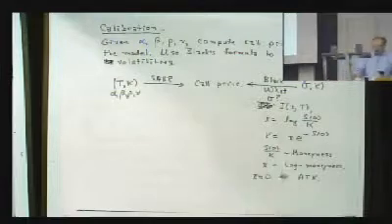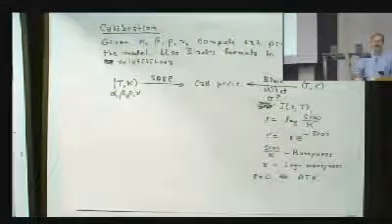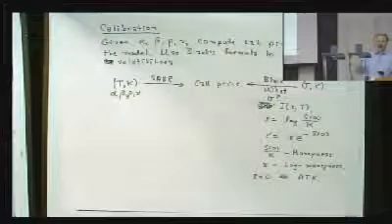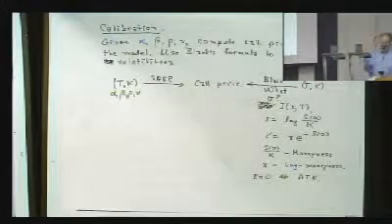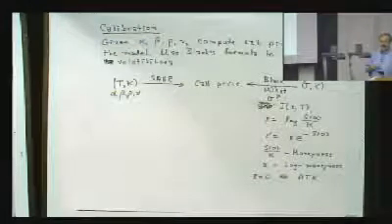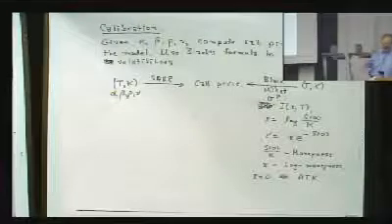And then I compute this function. And I use that as the volatility in Black's formula. And that produces a price for the call.